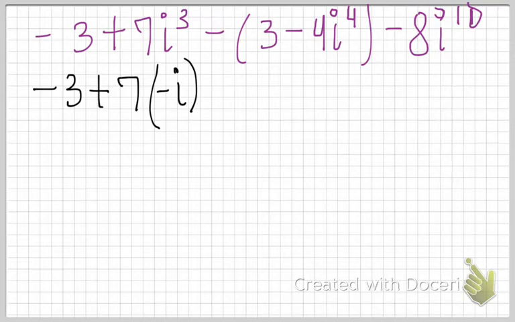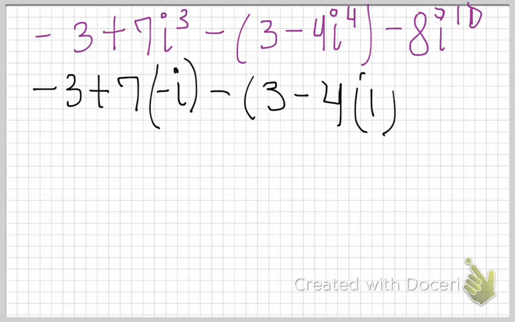Rewrite what's still not changing, so minus parentheses 3 minus 4. Remember, we like to work with the 4s because that equals 1. And then another parentheses minus 8i to the 10th.